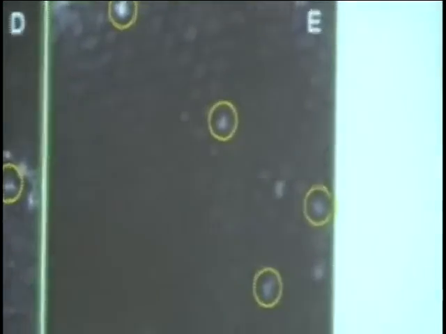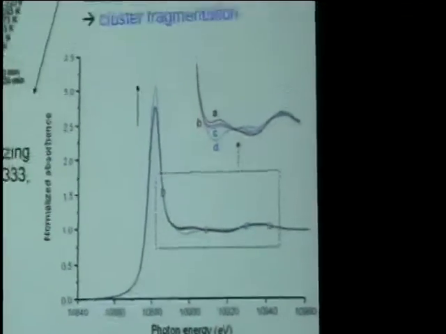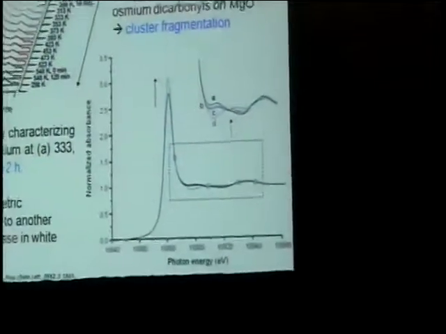We can characterize that well. So here are a few spectra. If we start with the triosmium and we go to the mononuclear osmium and look at the XANES, we see the isosbestic points that say we're doing that conversion in a stoichiometrically simple way. So it's a sharp synthesis.